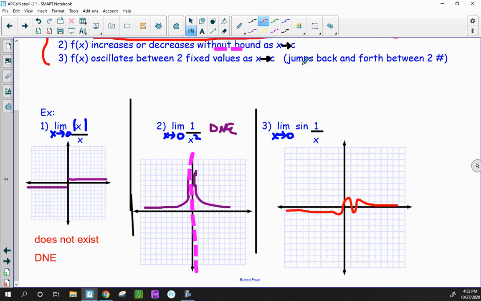So it is jumping back and forth between numbers, going from like -1 up to +1, higher than +1. Because it's oscillating, when I move in from the left towards 0 and from the right, it's doing different things. I think I got my graph wrong. There we go. Looks more like that. And so that's trying to model what I meant by number 3.